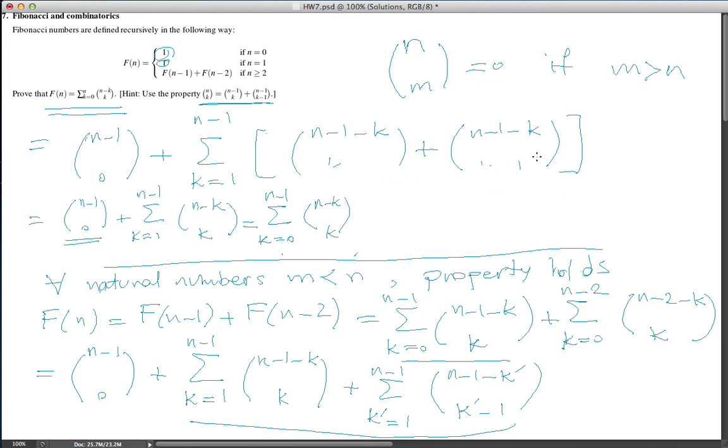But we can add the term 0 choose n, because by convention this term is 0, so this gives us the summation k from 0 to n of n minus k choose k, and this completes our proof for the induction.